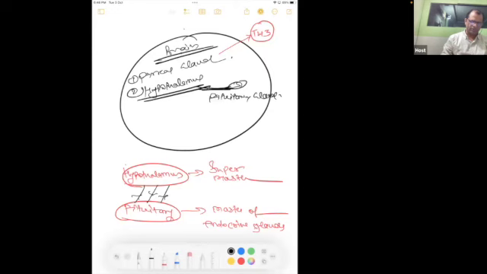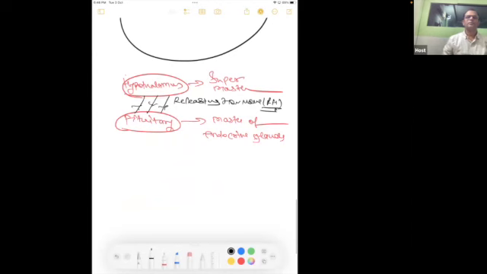Hypothalamus secreting many hormones, they called releasing hormone or the RH. So there are many hormones secreted by the hypothalamus. What is the responsibility of hypothalamus? हमारे hypothalamus की जिम्मेदारी क्या है?